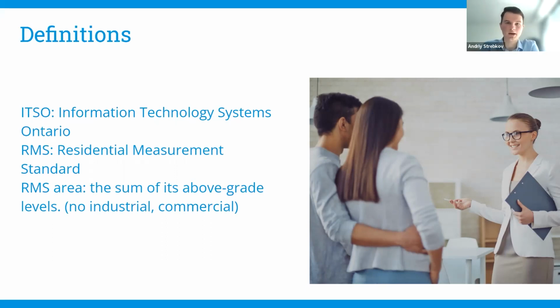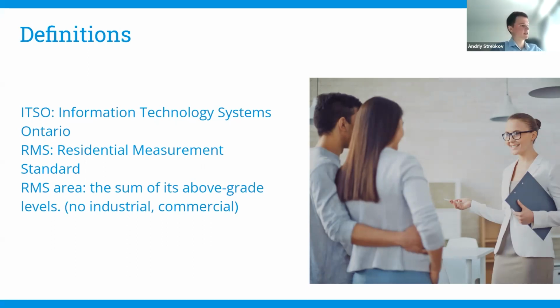In Ontario, you are not obligated, but you are recommended to use this standard. And we will shortly look into why it's recommended. But it's not a requirement, it's just a recommendation.